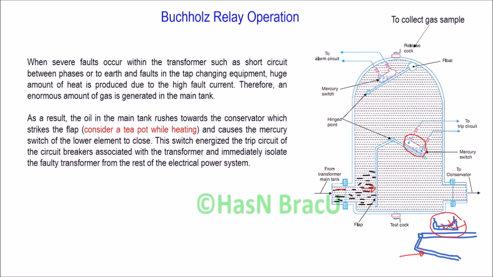This means the electrode will be connected inside the mercury switch. So this mercury switch energizes the trip circuit of the circuit breaker and immediately isolates the faulty transformer from the rest of the electrical power system. So this is how the Buchholz relay works during serious fault.